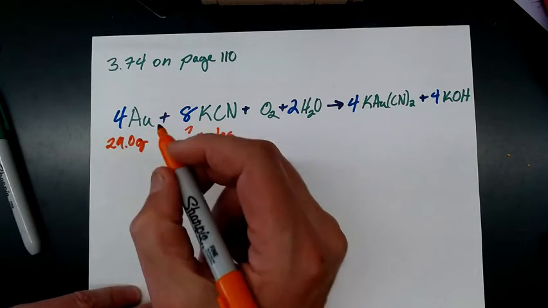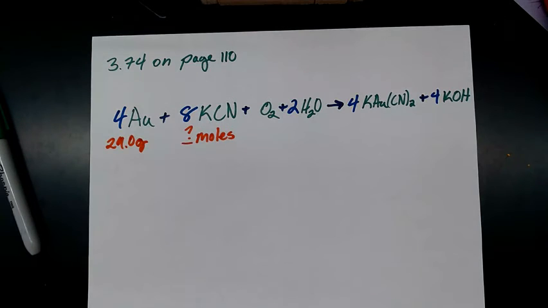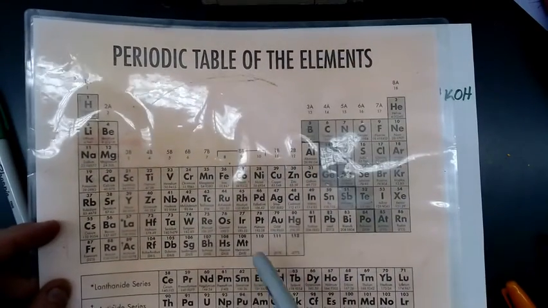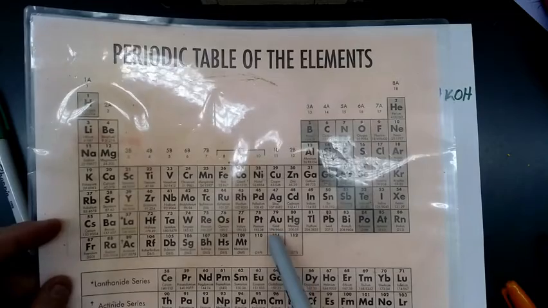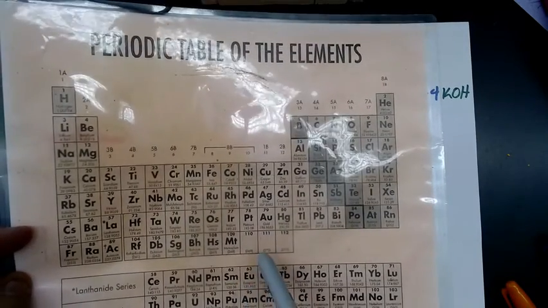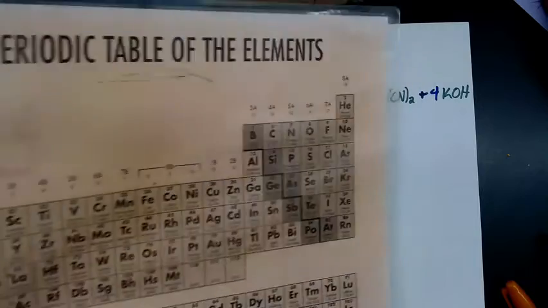So we have 29.0 grams. Anytime we do a problem with grams especially, we're always going to use our periodic table. And our periodic table here is one right here. Gold is a pretty heavy element. 1 mole is 196.96 or 9665, so I'll do 97.